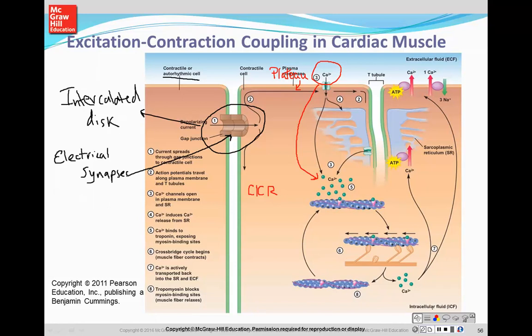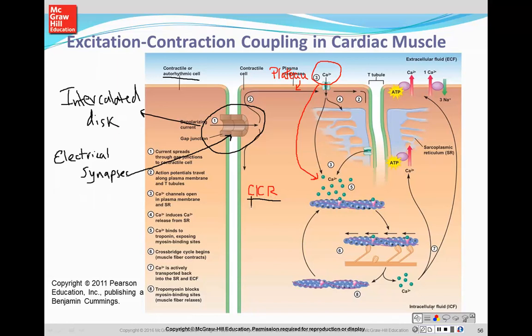Now, I can't go through all that again. You can obviously go back and look at your Bio 144 notes, but what I want you to realize is something pretty amazing happens in your cardiac muscle contractile cells, and it's called CICR.